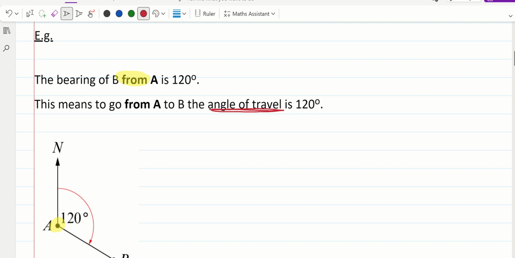So I'm starting from A. That's your key word, the word from. So from A, I must draw a north line, because bearings are measured clockwise from the north line, and then I measure 120 degrees. And that's how I know that this is the angle of travel towards B.